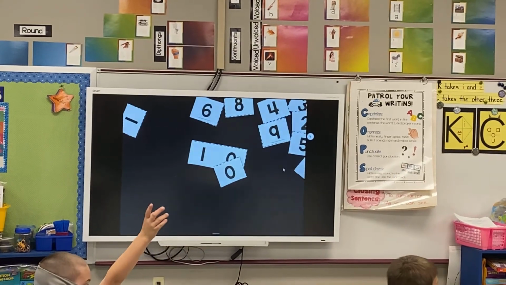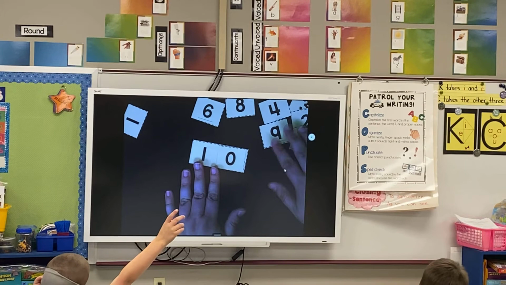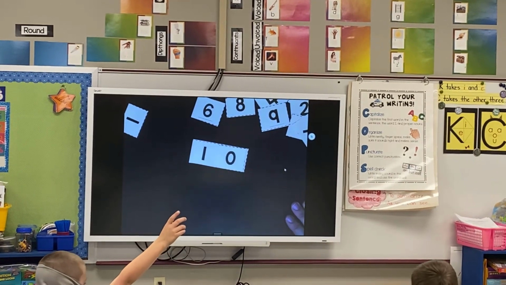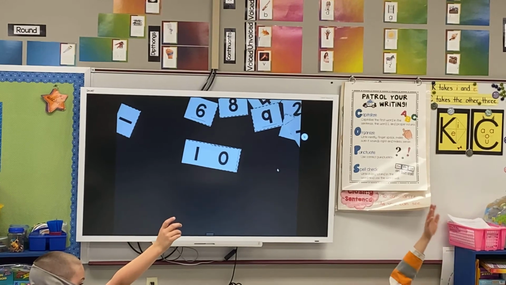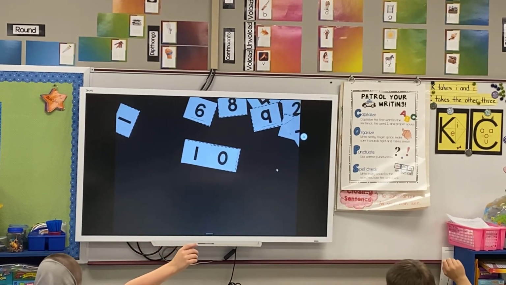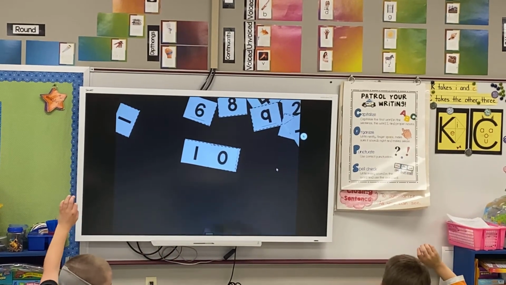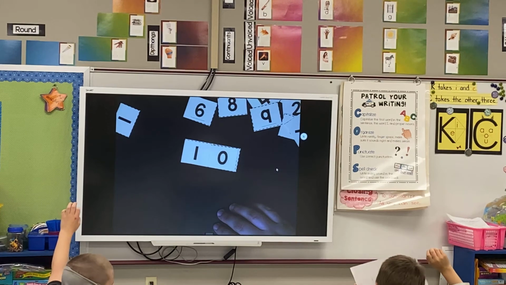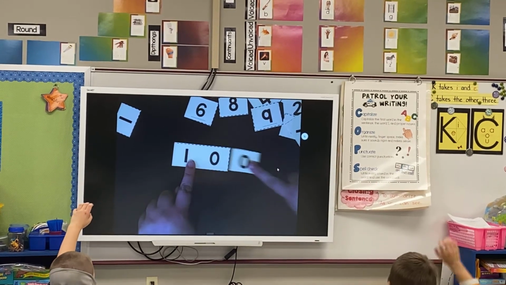Mala, I didn't talk to you earlier. 10 is made up of 2 parts also. Can you tell me the 2 parts of 10? Jeremiah, do you know the 2 parts? What is it? Maybe if I separate them, it'll be easier to see.